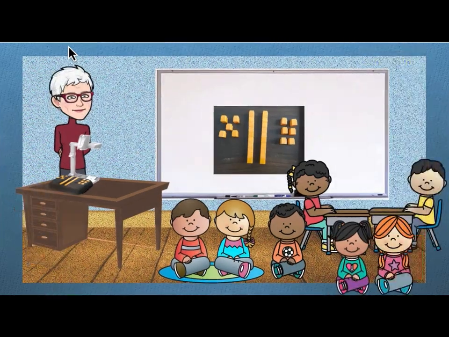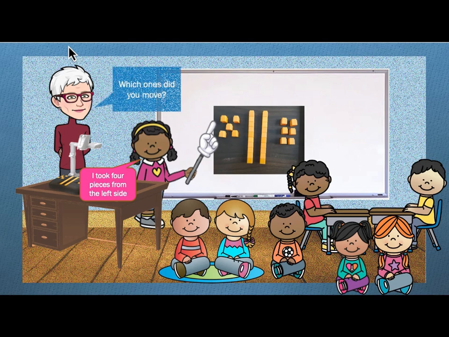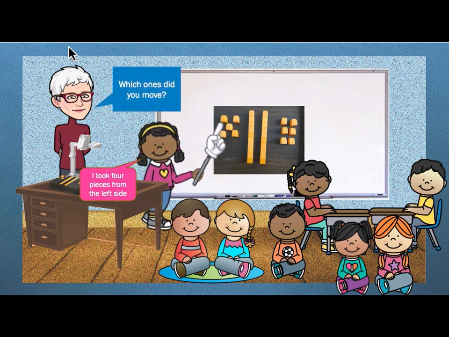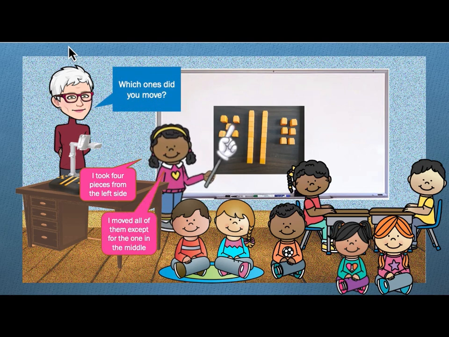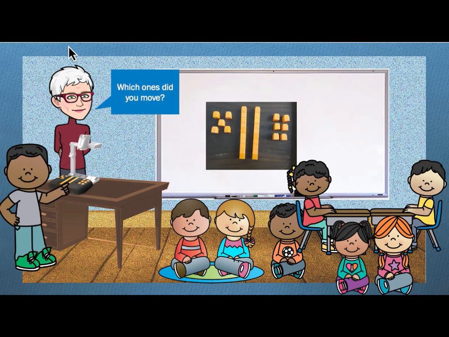In the earliest stages of using this activity, children often have very specific ideas of exactly which pieces they moved in their mind. For example, if the teacher were to ask Danielle which of the 5 pieces she moved, she might say, "I moved all of them except the one in the middle." Another child that also thought of taking 4 of the 5 to combine with the 6 might say that he moved a different set of 4.